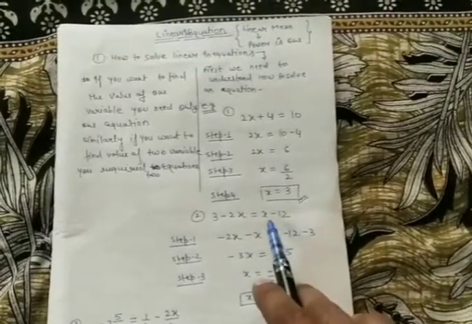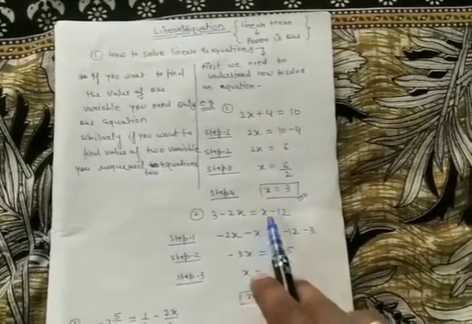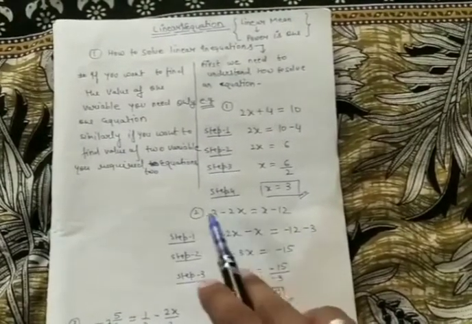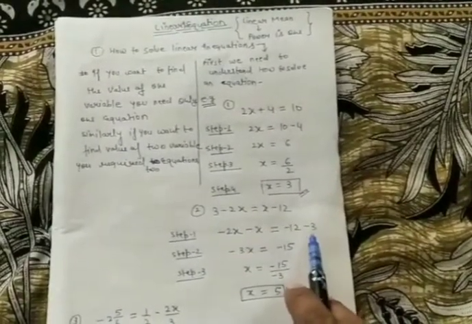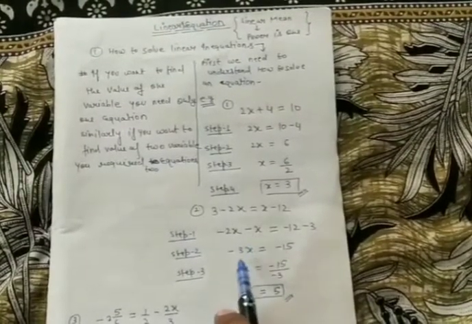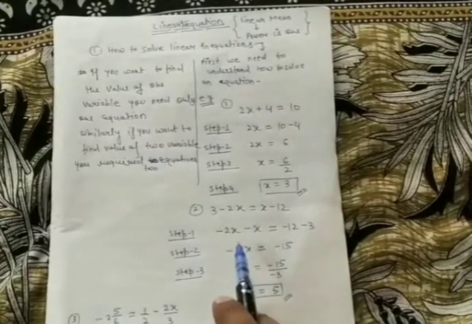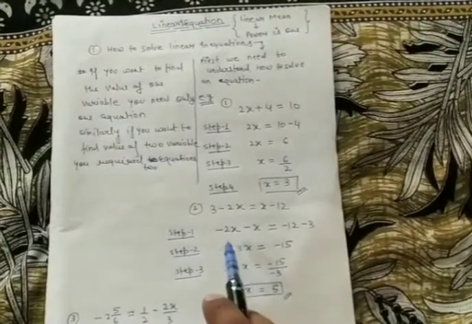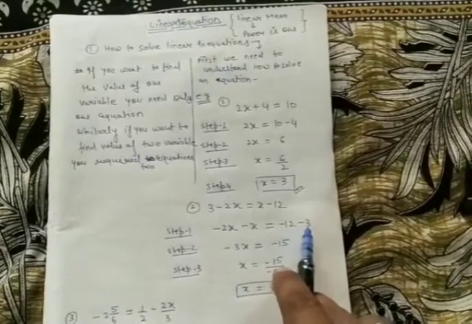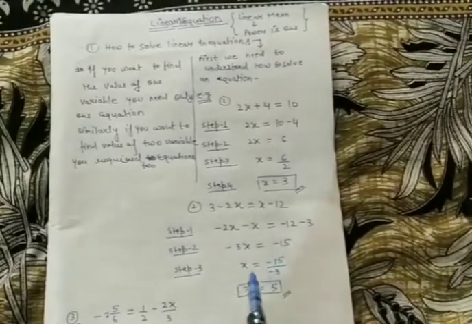So we have taken x to the LHS, it will become -x. And 3 we have taken to the right side, it will become -3. Now -2x - x will become -3x. So remember, same sign always add and opposite sign always subtract. Here -12 - 3 will become -15.